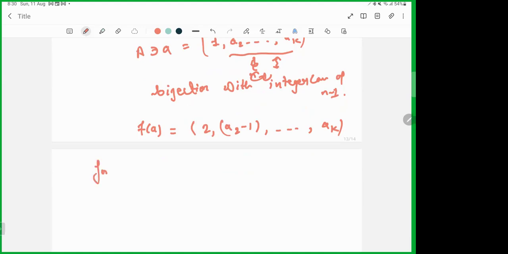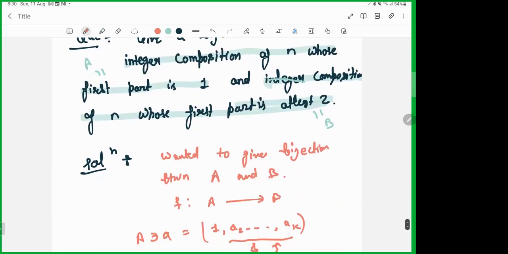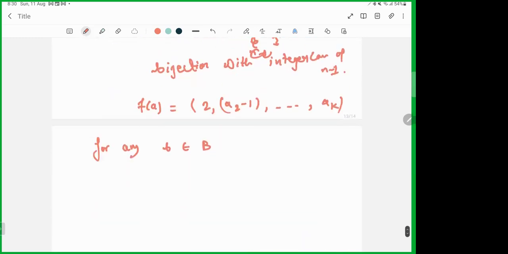Injection is clear. For surjection, take any B belonging to the set B. Any such B is of the form: first part starts with at least 2. So B is of the form b1, b2, so on bk, and b1 is at least 2. So how will you do it?